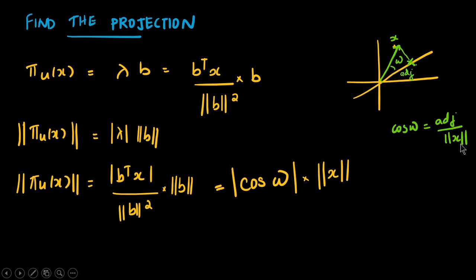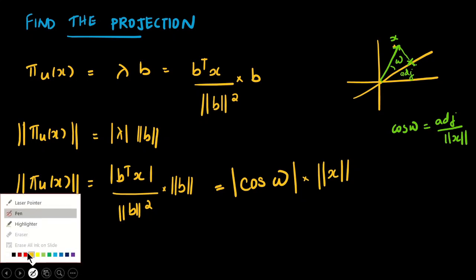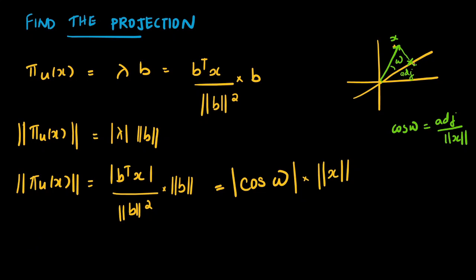So adjacent divided by hypotenuse. And what is actually adjacent? It is the projection vector. This is the projection vector, and when we draw the vector it will be like this up to this. So this distance means the length of pi u of x.